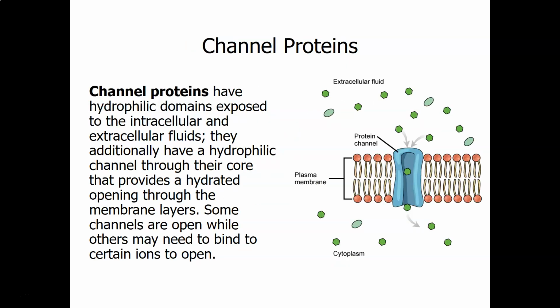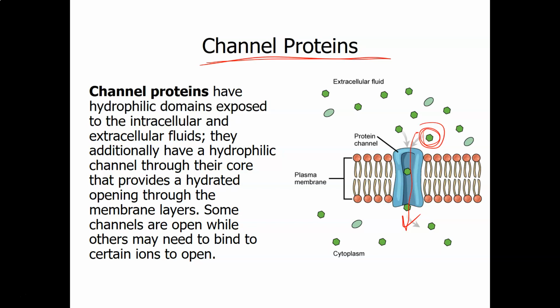So let's look at one example of a transport protein, which is a channel protein. And that is literally a protein that creates a hole or channel through the plasma membrane. If you look at the molecules, I haven't really named them, but the darker green hexagon molecules look like glucose, so we'll call them glucose. Glucose would be a polar molecule, so it would not be able to diffuse through the phospholipids.